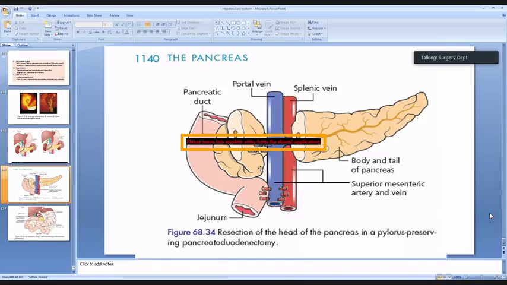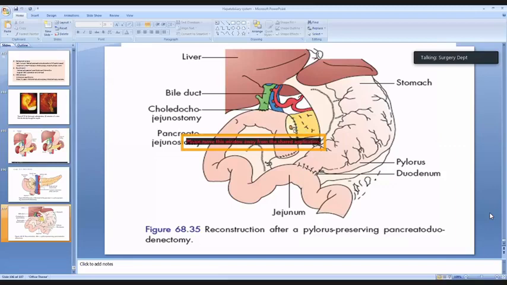এটা আমরা কেটে ফেলার পর বাইল ডাক্টের সঙ্গে জেজুনামের অ্যানাস্টোমোসিস করলাম, প্যানক্রিয়াটিক ডাক্টের সঙ্গে জেজুনামের অ্যানাস্টোমোসিস, স্টমাকের সঙ্গে জেজুনামের অ্যানাস্টোমোসিস. So after Whipple's operation, we need to reconstruct maintaining anatomical continuity by doing choledochojejunostomy, pancreaticojejunostomy and gastrojejunostomy.